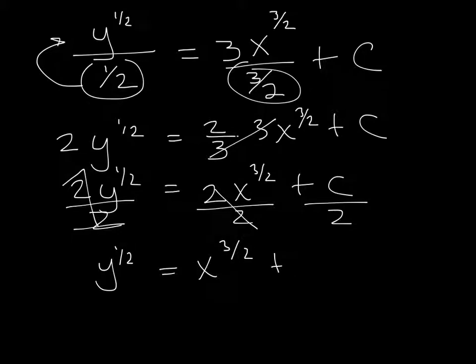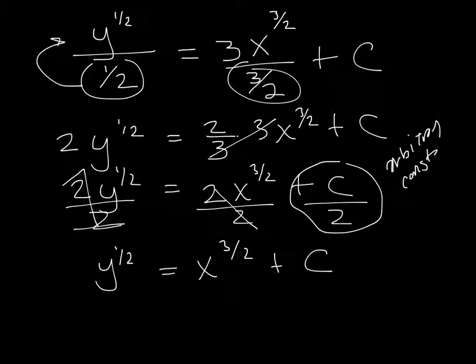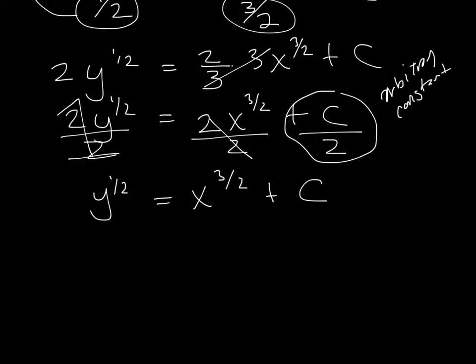I can just write it as c, or if you want to call it k, this is just going to be some arbitrary constant, and then we just cut it in half. If you want to use a different letter to represent your constant, that's okay too, if it's less confusing. So finally, let's solve for y.